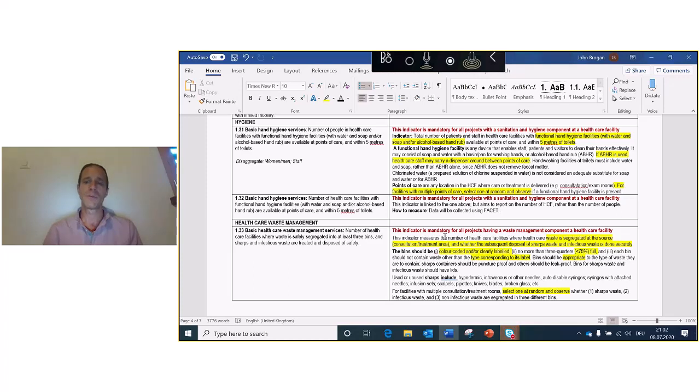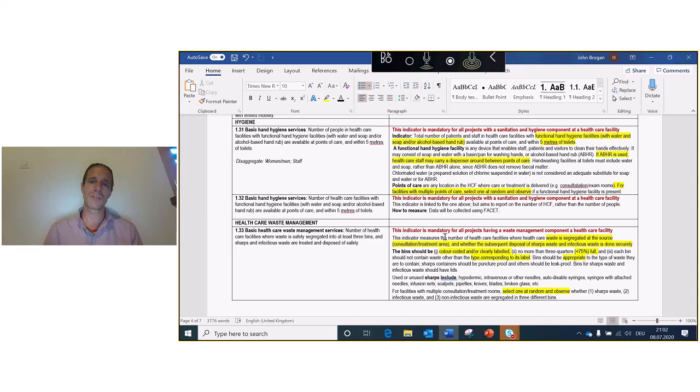When we're talking about points of care, these are consultation rooms, treatment rooms, anywhere where care is provided to a patient. In this case, the points of care should have hand hygiene facilities inside of them. Let's say that there's a hand hygiene facility just outside of the point of care, inside the hallway, for example. This wouldn't count.